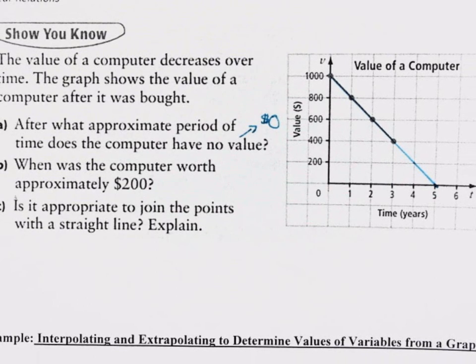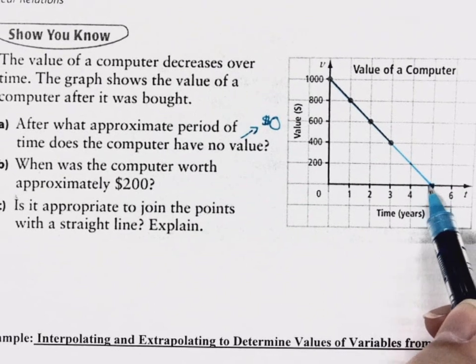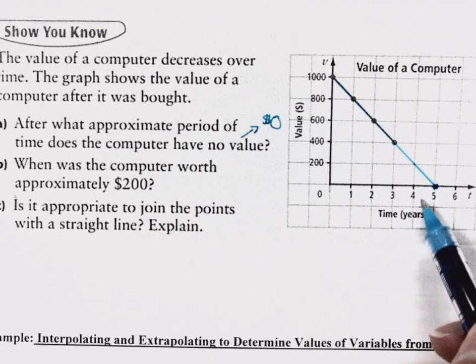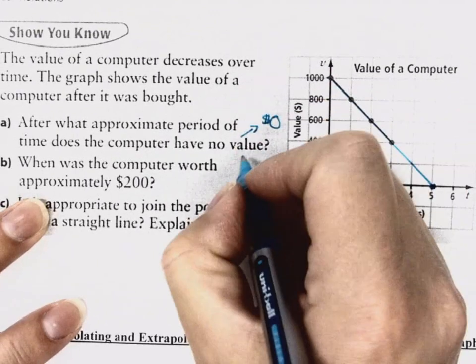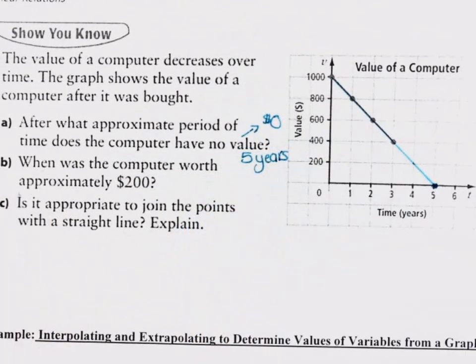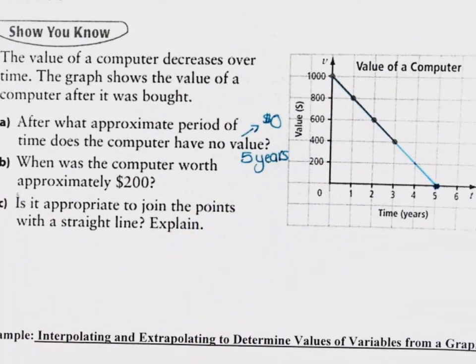So when does the computer have no value? When does it have no value, folks? It's right on a number. Really easy to see. 5 years. And don't forget, we have to put the units of measure. It's not 5 weeks. It's not 5 decades. It's 5 years.